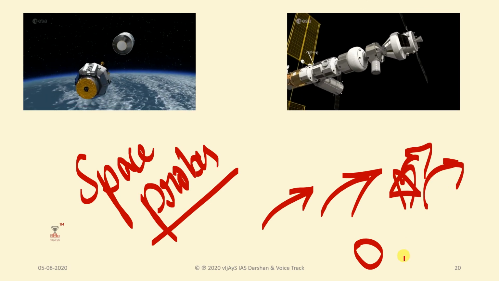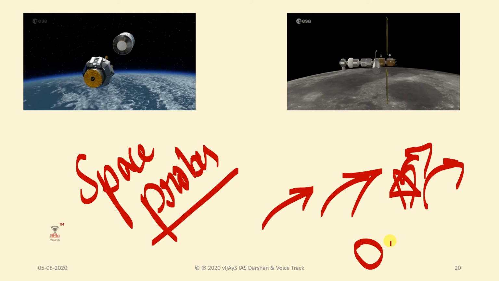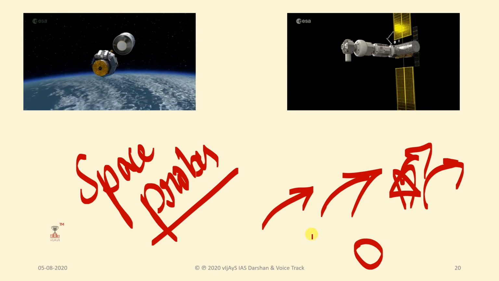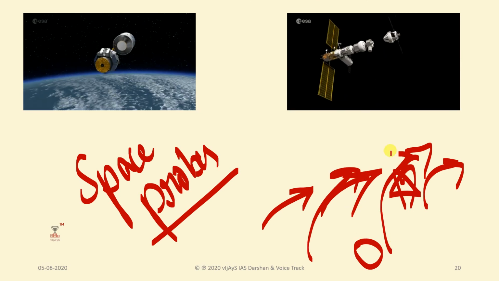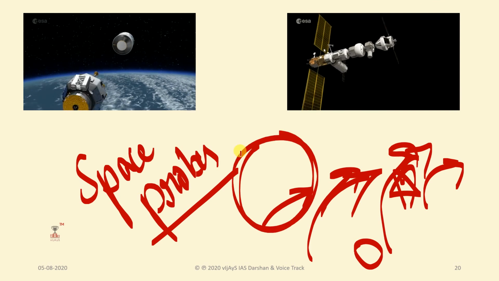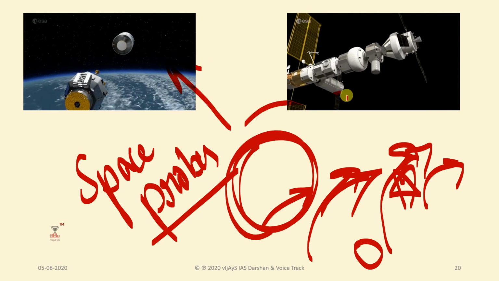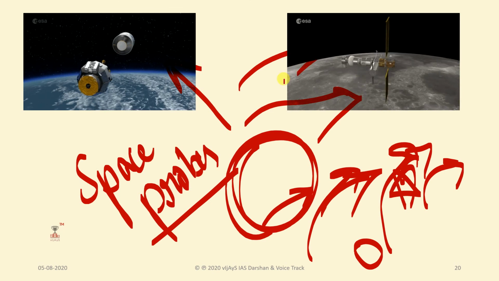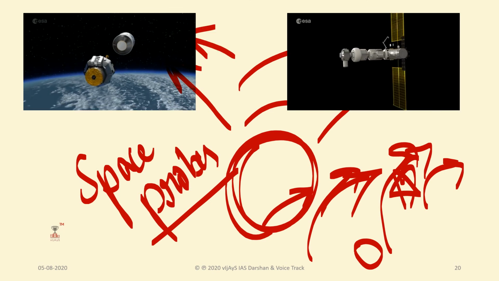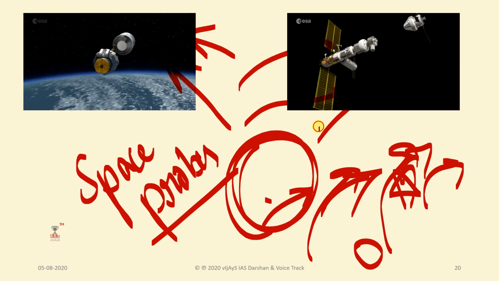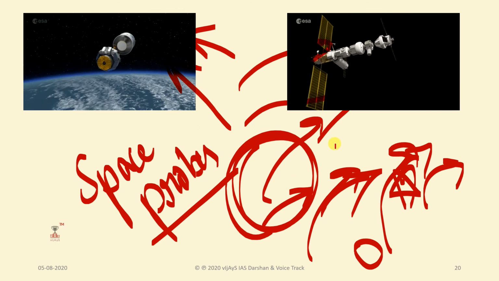And space exploration satellites must be built to last, because it takes so long for the satellites to reach their destinations. Why? Because they are going to explore space, so they have to cover very large distances, and the technology involved is also very hard, and financially it can take huge amounts.